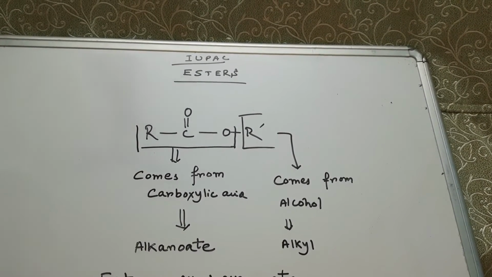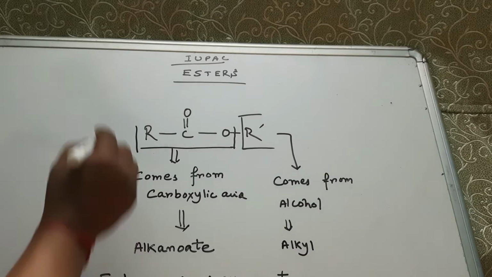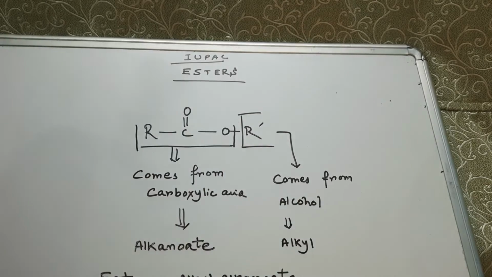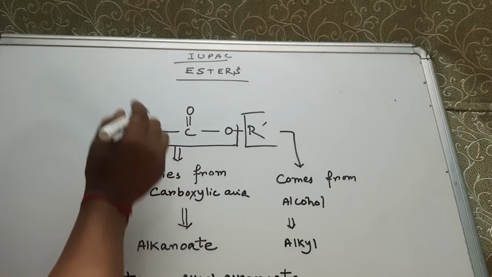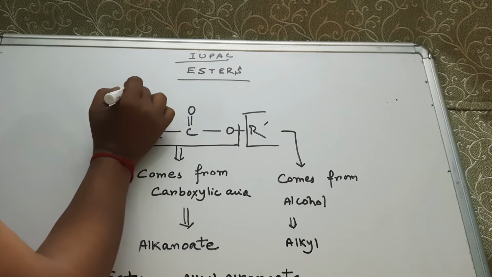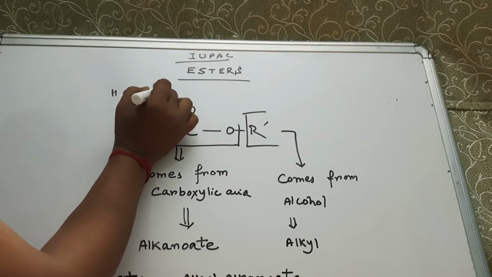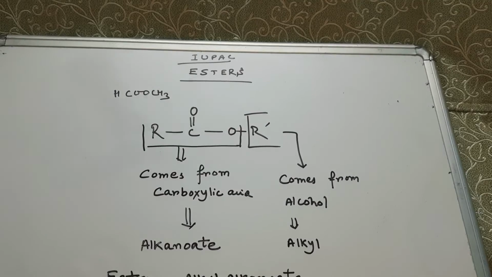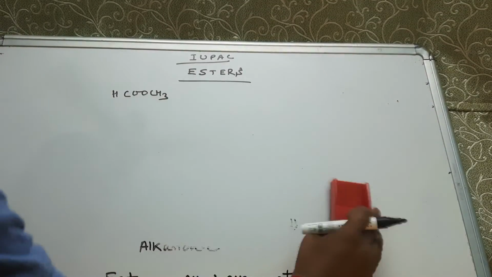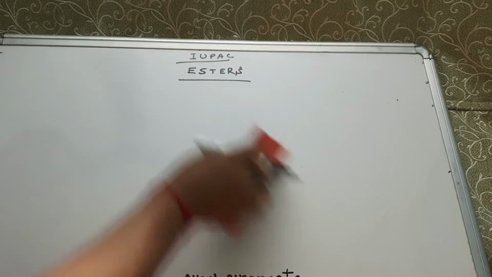So move to a specific example. If it is given HCOOCH3, alkyl alkanoate. Remember, HCOOCH3.